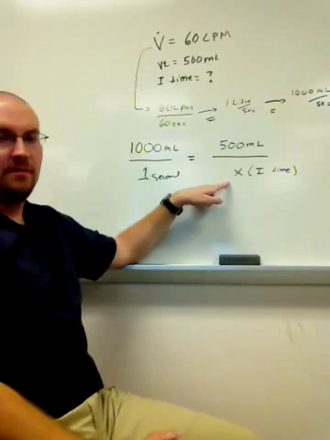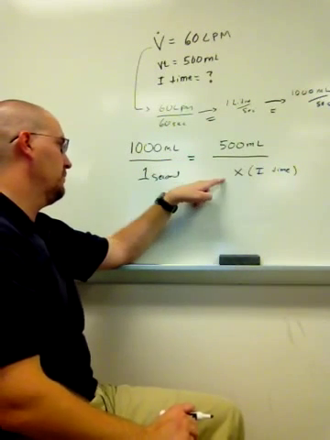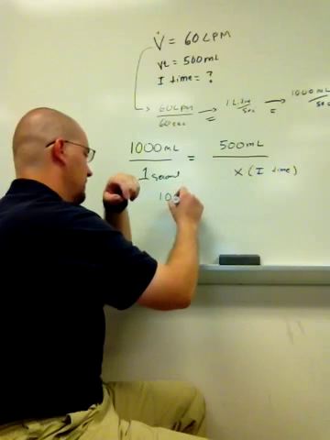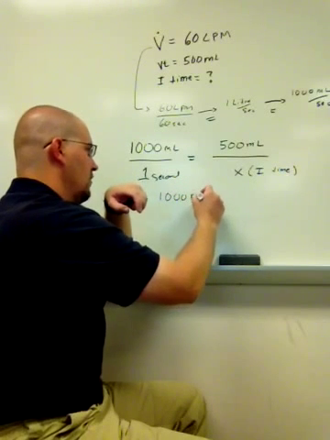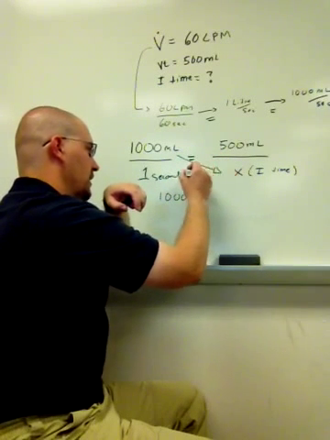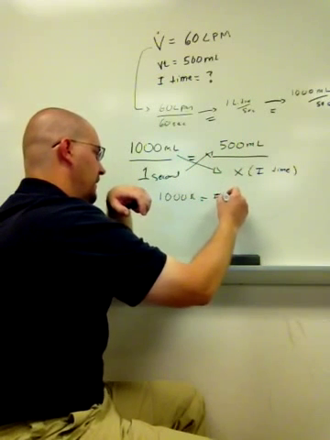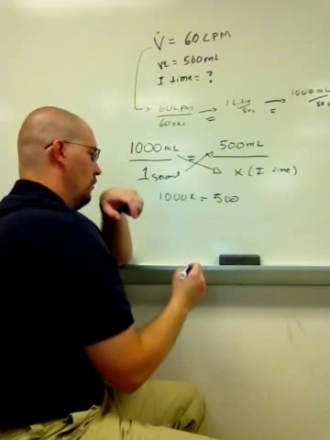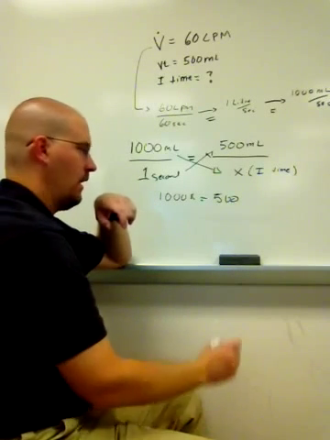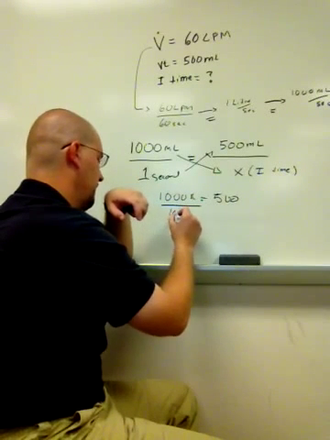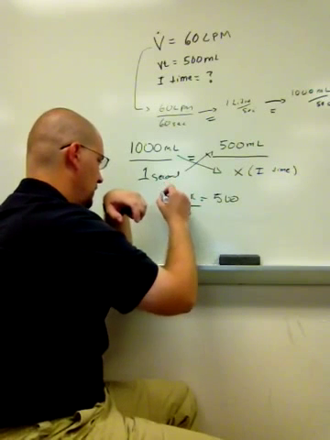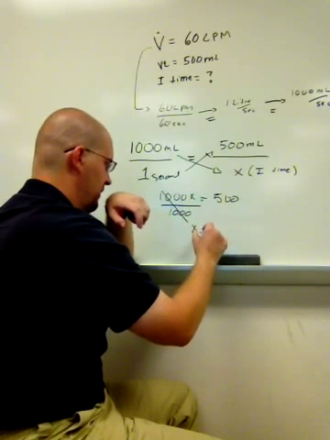So now this becomes a real simple problem. Cross multiply. 1,000 x equals, so we're cross multiplying, 1 times 500 is 500. What do I do? I divide both sides by 1,000. X falls out.